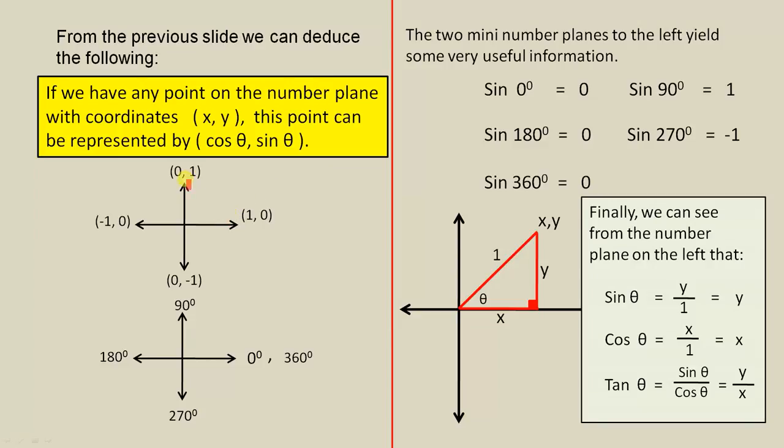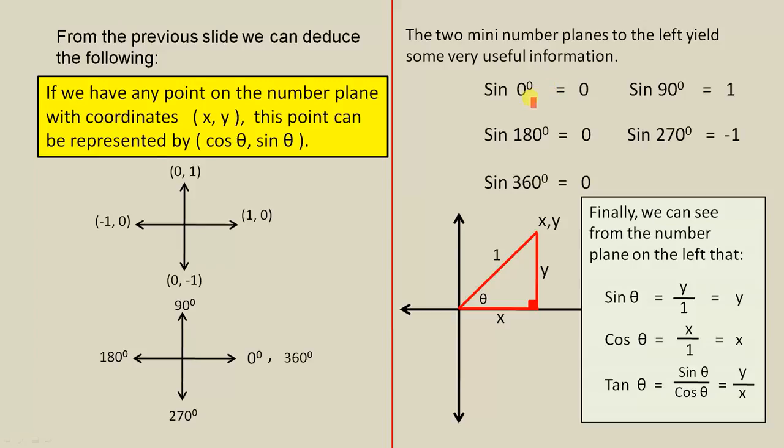So here we have a mini number plane, and this is the point 1, 0, 0, 1, minus 1, 0, and 0, minus 1. And as far as angles are concerned, 0, 90, 180, 270, 360. So the mini number planes to the left yield some very useful information.